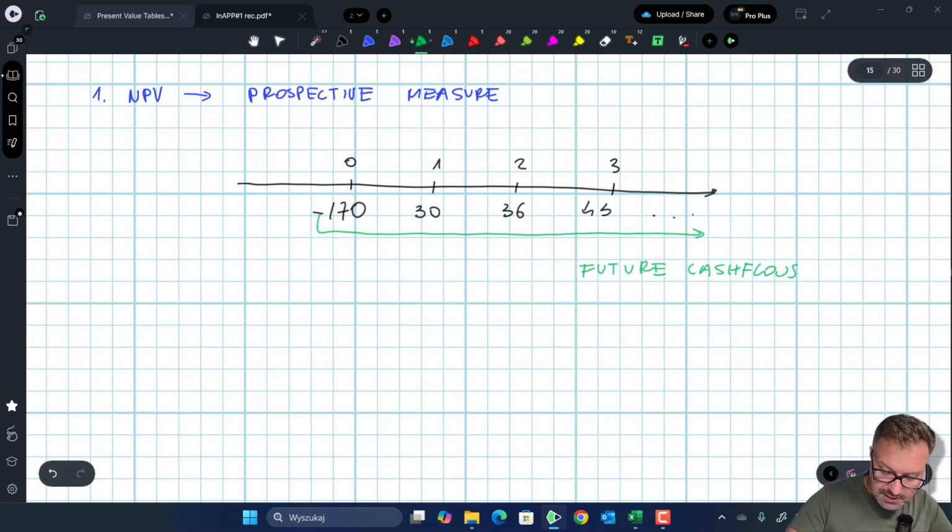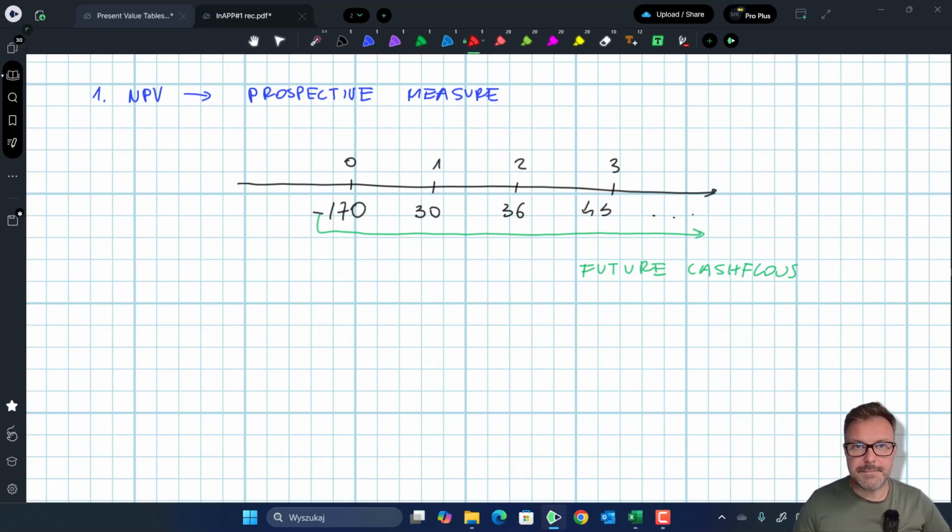I'm emphasizing that because in many cases, at the preparatory stage of a project, a company is already incurring some costs, some expenses connected with preparation of the future investment prior to making the final decision whether the investment will be undertaken or not.